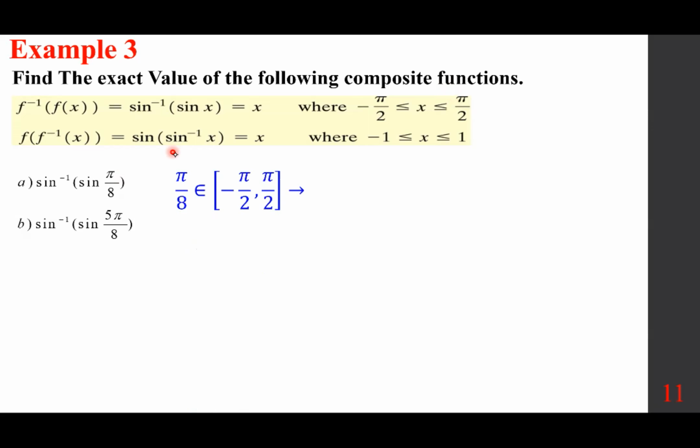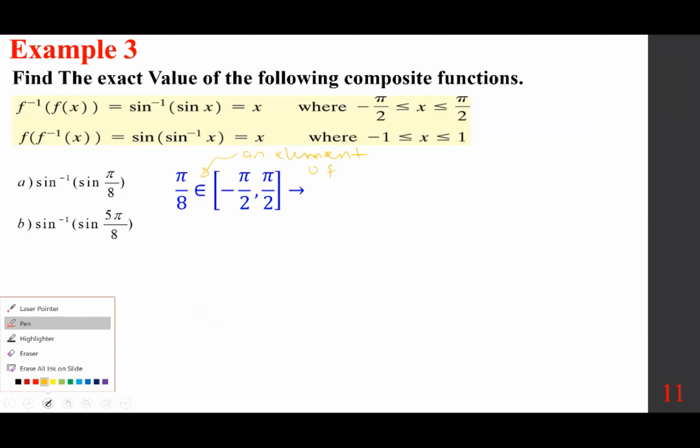So since pi over 8 is an element of, let me write that, this looks like an epsilon. And we read this sign in set theory as an element of, that means it belongs to the following set.